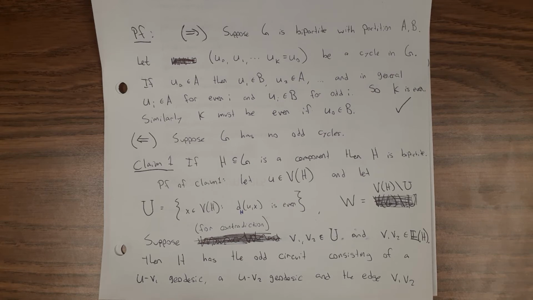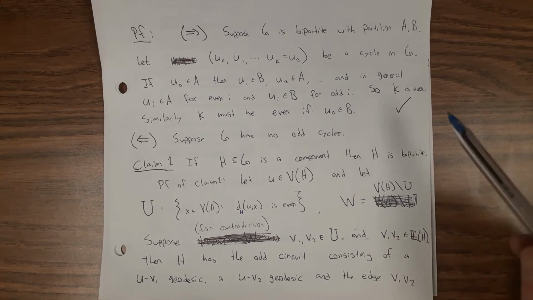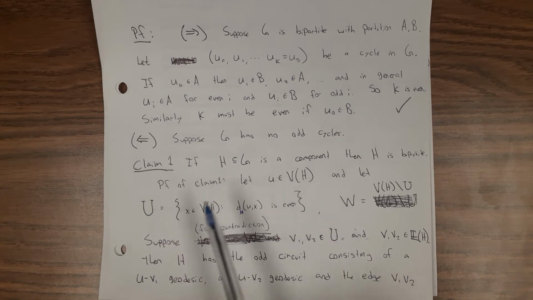So what are we doing with these two sets of vertices? I'm going to claim that this is a partition, because I'm claiming that H is bipartite, and I've just defined these two sets of vertices. I'm going to claim that this is an appropriate partition showing that H is bipartite.